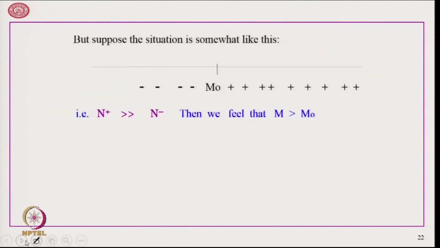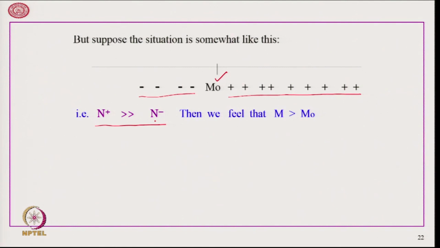Now, consider this scenario. Suppose this is my hypothesized m naught, and after we take the differences and convert the observed sample into pluses and minuses, we can see that there are so many pluses and so few minuses. That is, the number of plus signs is much greater than the number of minus signs.